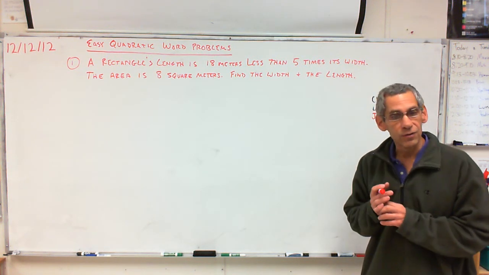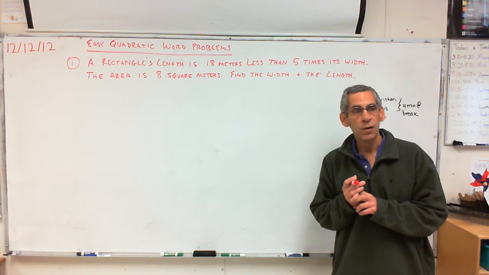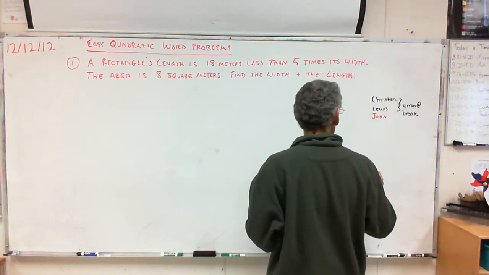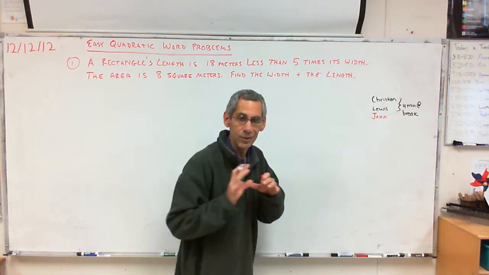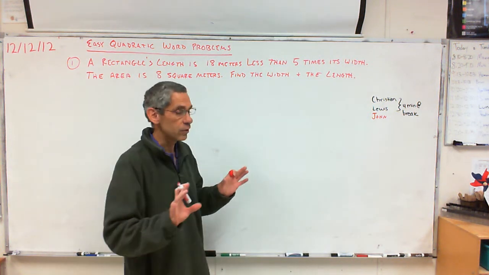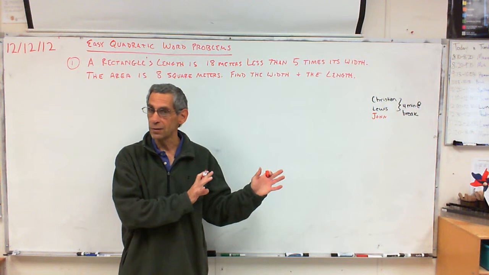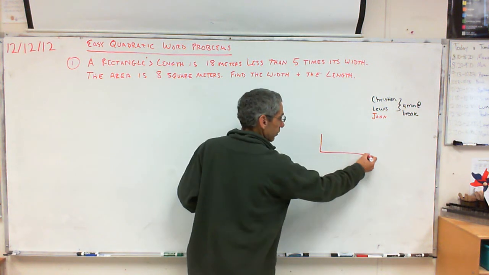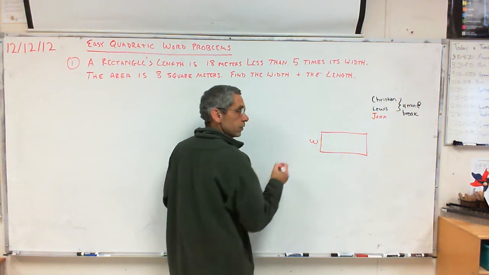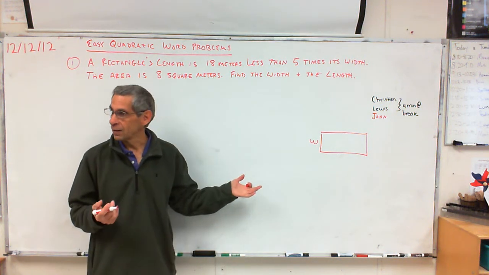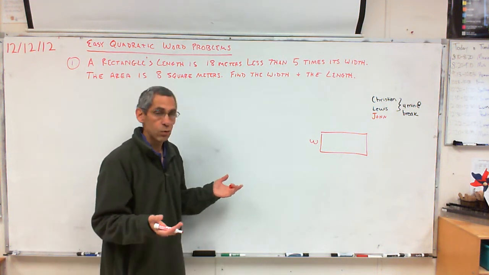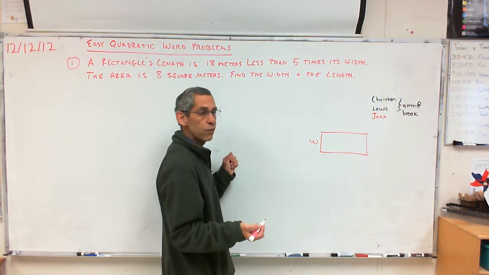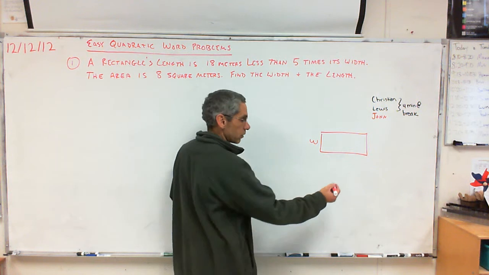In the past, I have done word problems similar to this, but they were find the perimeter. Remember those? This is like a little intermission before I actually solve that. I just want you to see the difference between what we've done in the past and what we're going to do now. In the past, I said something like this: you've got a rectangle with a width of w, and the length is 4 more than 2 times the width.